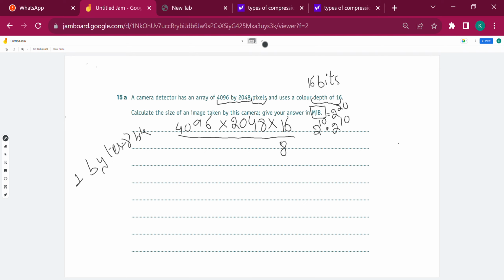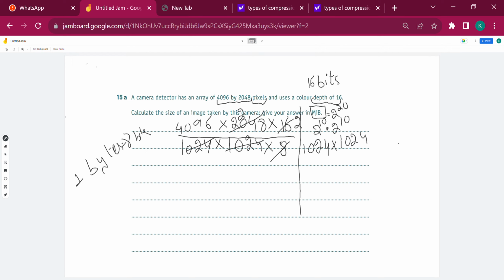So 2 power 10 is 1024 and again 1024. We need to calculate our answer in mebibytes, so I'm going to divide it by the value of mebibyte. Got it? So very simple calculation now.